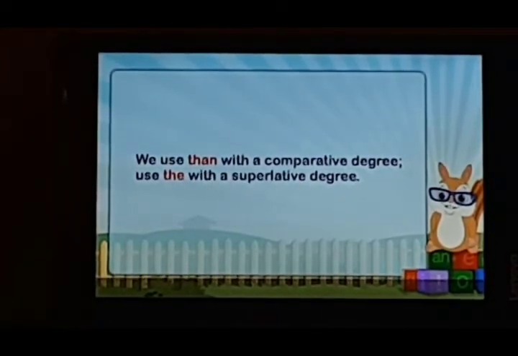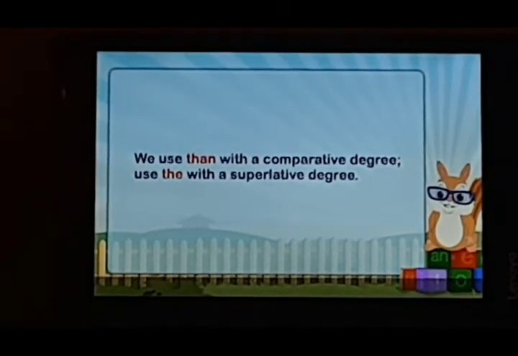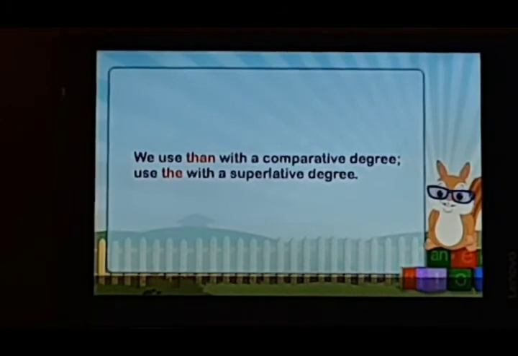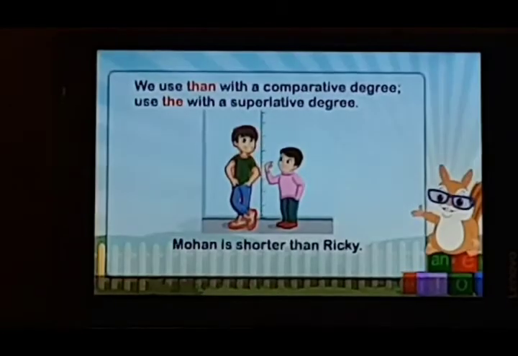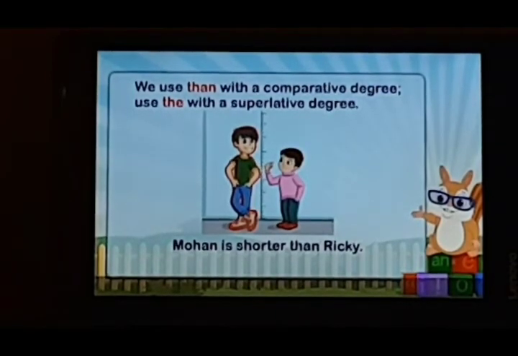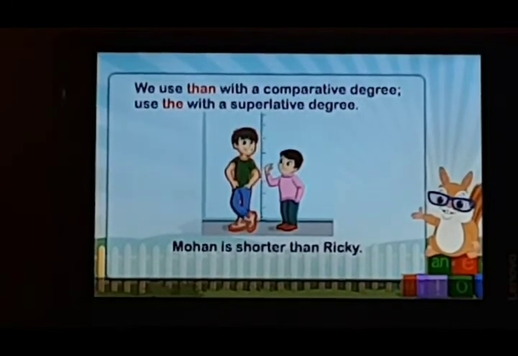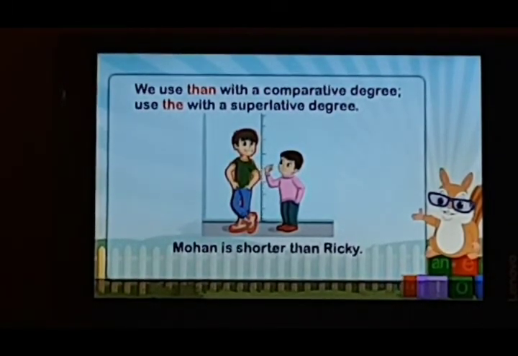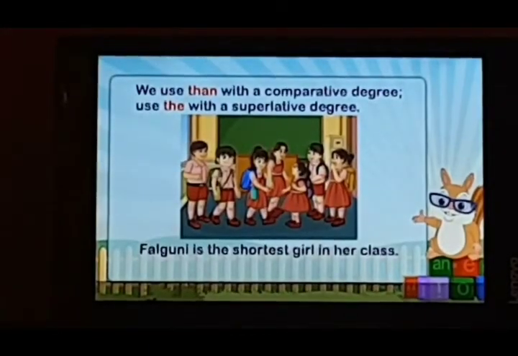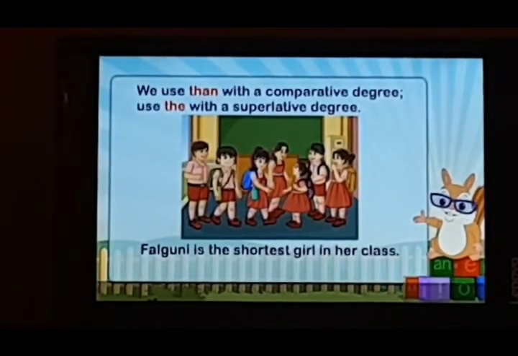And when we are using a superlative degree in the sentence, before that we use the article the. Like in the example, Mohan is shorter than Vicky. So than always follows the comparative degree, and we use the with the superlative degree.